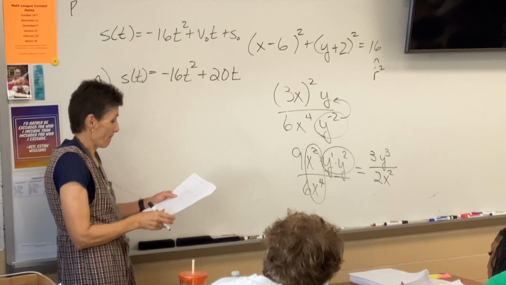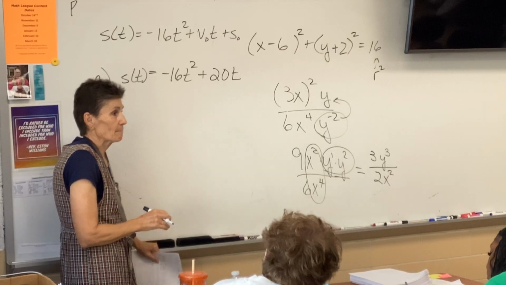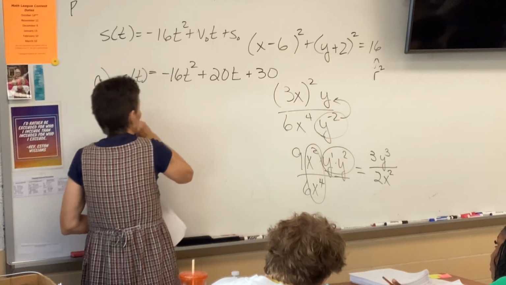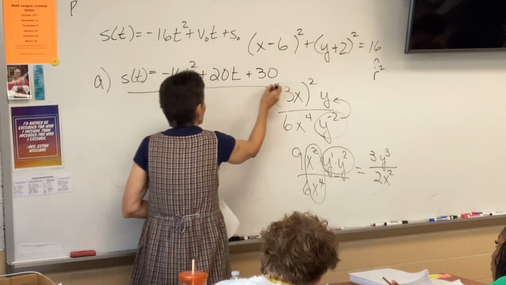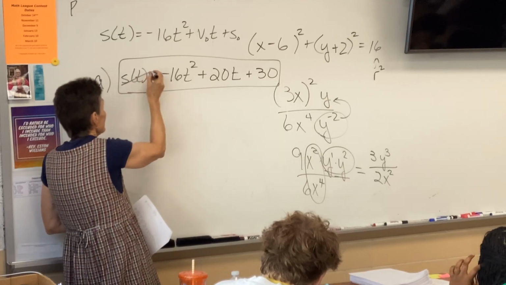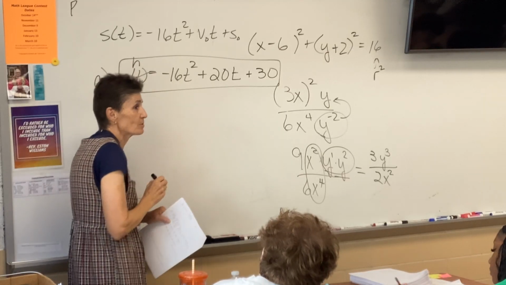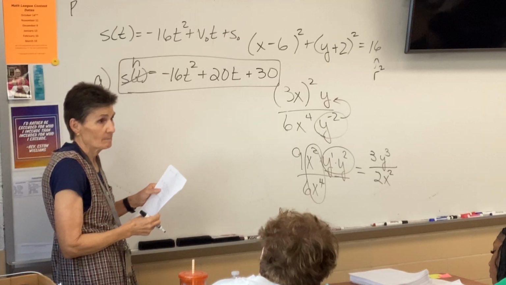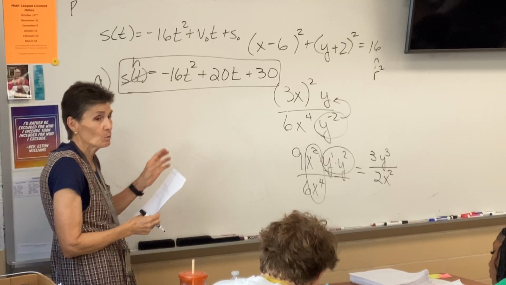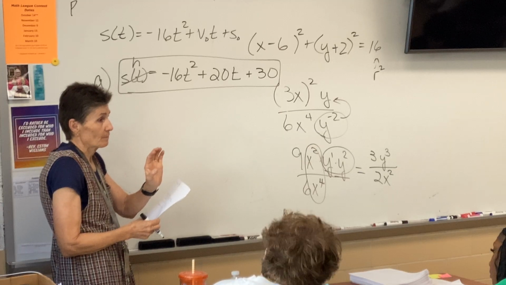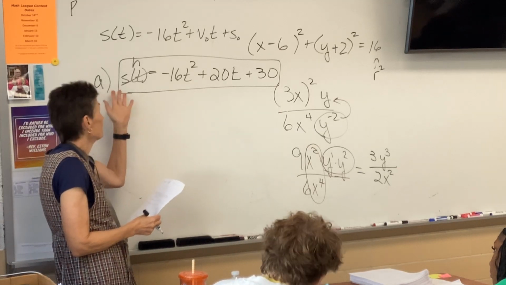Plus 30. So there is the equation for this problem. Now remember, I told you S of t is h, so if you would rather say h, that's okay. That's the height. So if you want to use h, perfect. If you want to use function notation, perfect also.